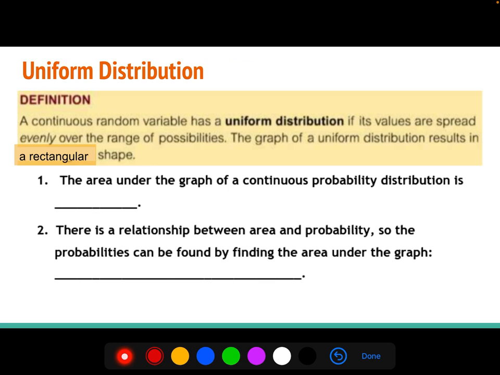A uniform distribution is basically when your random variable has its value spread evenly over the range of possibilities. That's a rectangular shape, because in your histogram they're all going to be close to the same height. The area under the graph of a continuous probability distribution, we already said, is equal to 1.